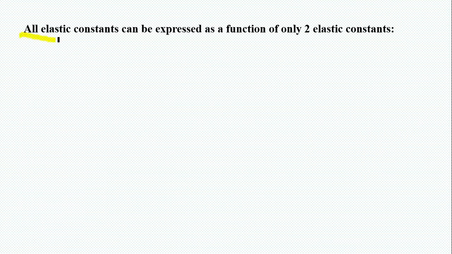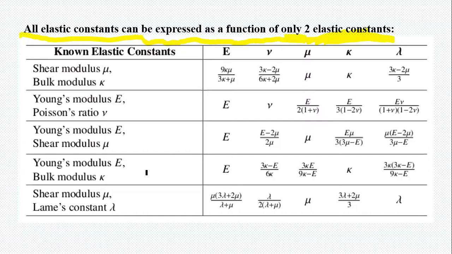That's why it is said that all elastic constants can be expressed as a function of only two elastic constants. So if we know the elastic constants lambda and mu, then we can derive the Young's modulus, Poisson's ratio, and bulk modulus. Similarly, if we know Young's modulus and bulk modulus, then we can determine the value of Poisson's ratio, Lame's coefficient mu, and lambda.